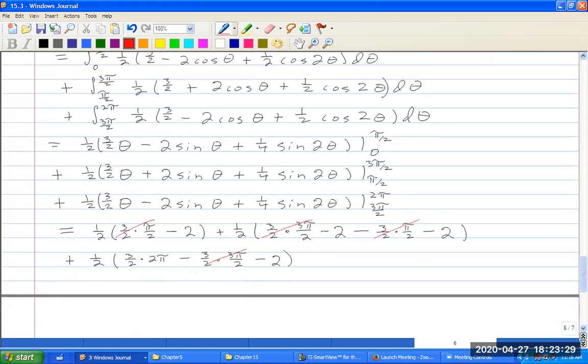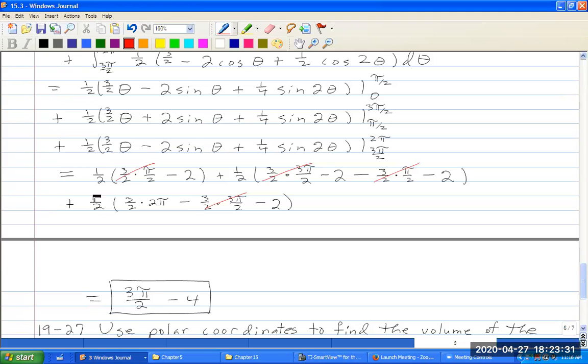And so I finally have, well, 1/2 times 3/2 gives you 3/4 times 2 gives you 3/2 pi. I have 2, 4, 6, 8 divided by 2, which is 4, so I have -4. And that is your answer.